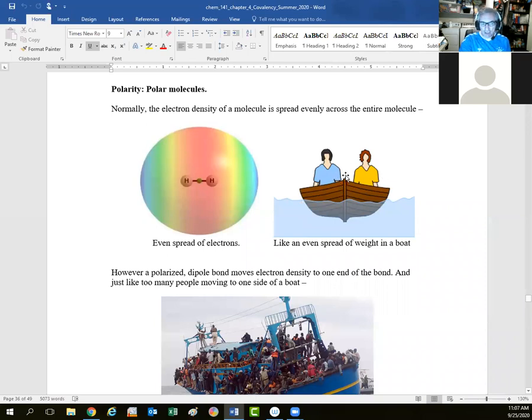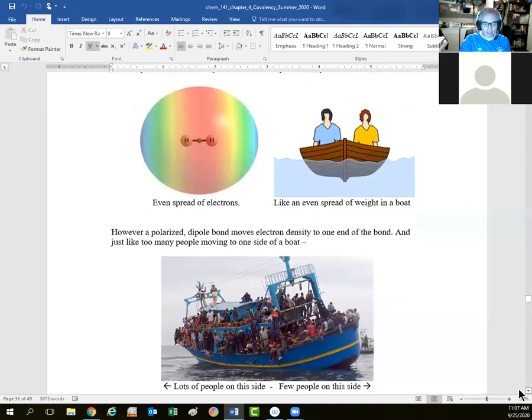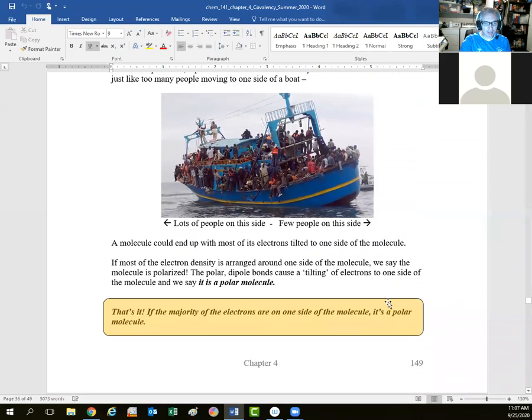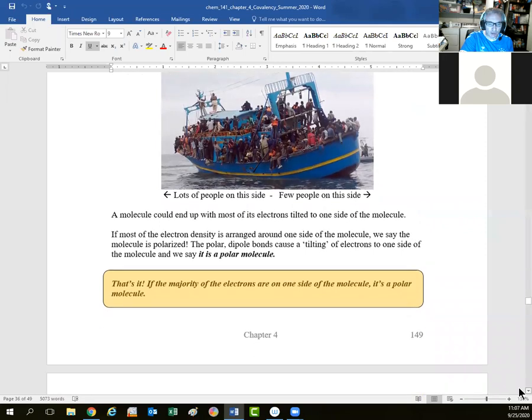If the weight distribution isn't even or close to being even, then we could see the boat being tipped up from one side of the boat. So an uneven concentration of people is kind of like having an uneven concentration of electrons on the molecule. And this makes the molecule polar.